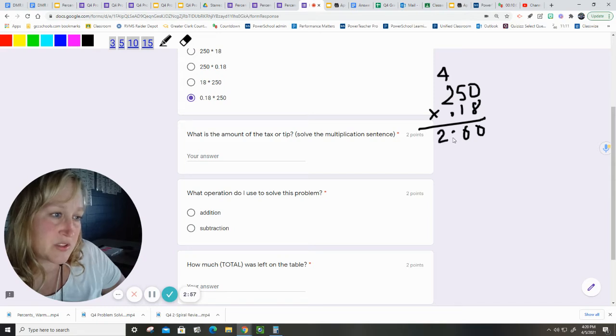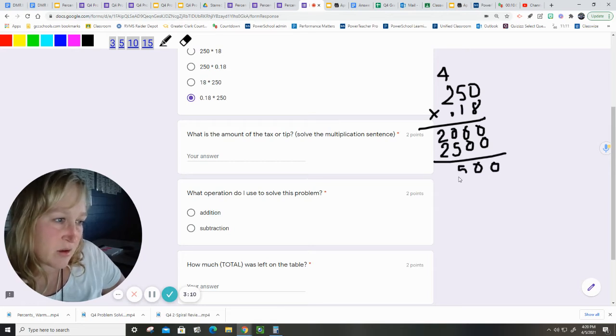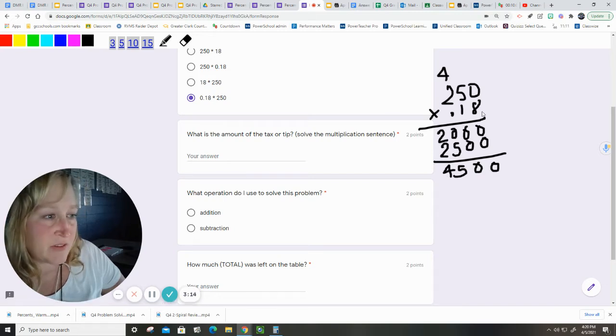That is 2000. 1 times 0 is 0. 1 times 5. 2 times 5. So it looks like that, but I cannot forget that I have 2 decimal places. So I'm going to move these over 2. I feel like I've done something wrong, but we'll see. 45. So I get $45 is left as the tip.